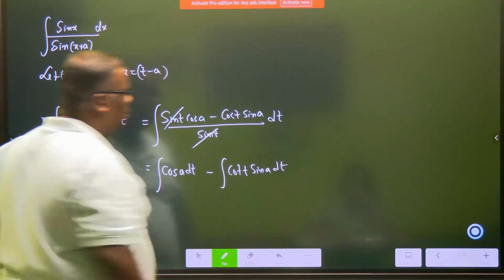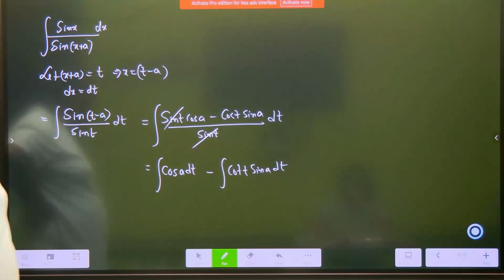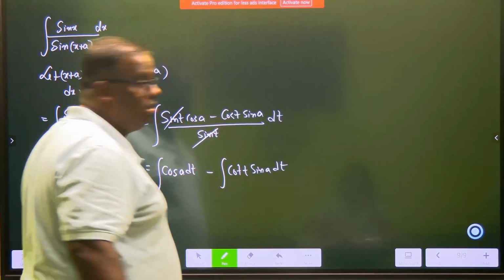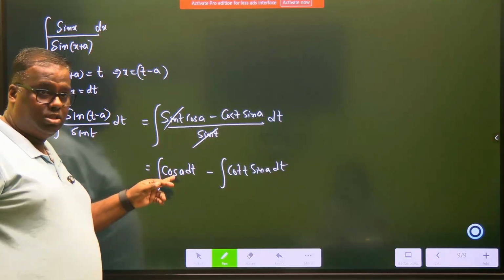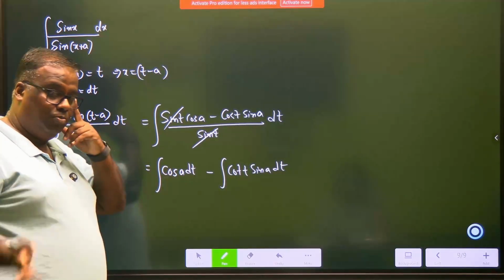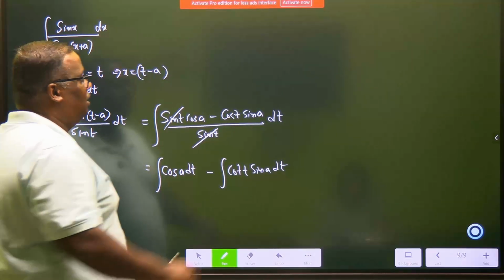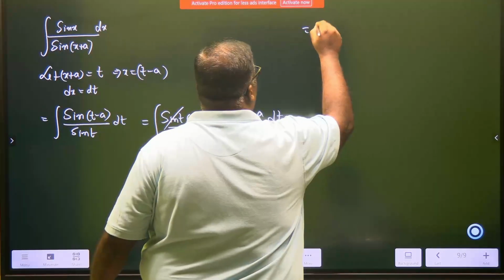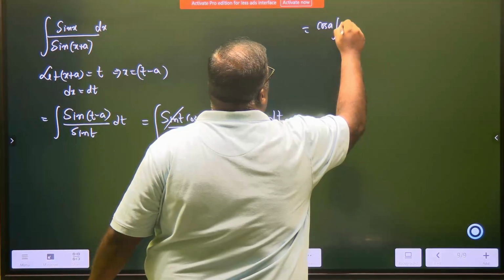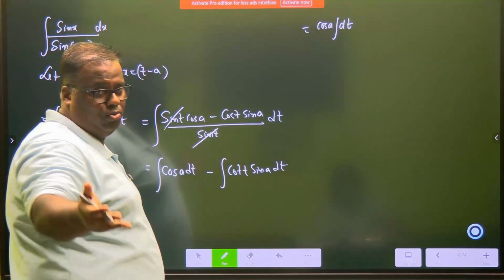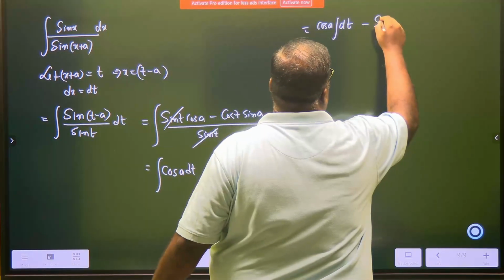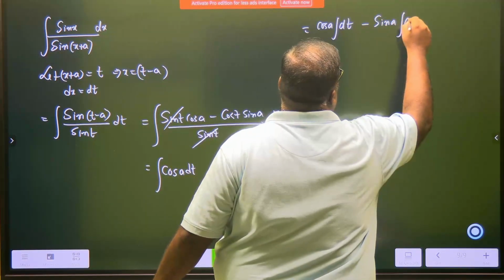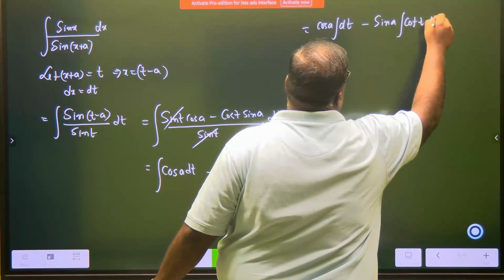Do you agree? This is a constant, not a variable, so I can pull it out. Cos a is a constant. That's why we did it. So it becomes cos a integral dt, which should be t. And here I write sine a integral cot t dt.